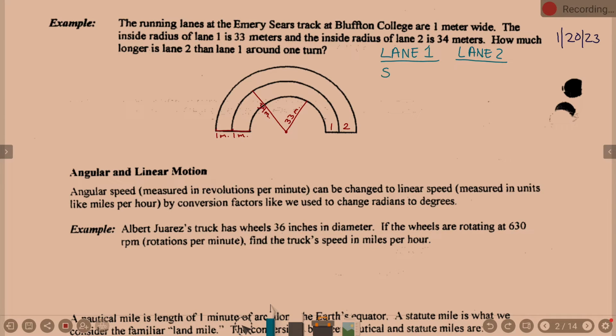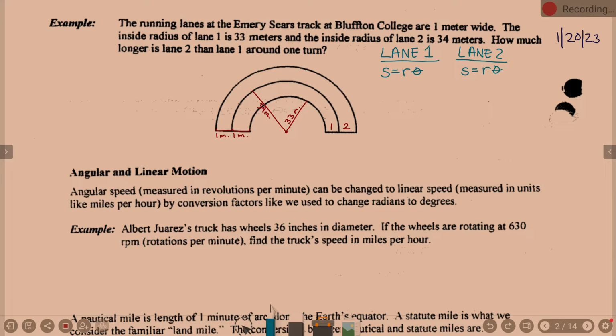Formula for arc length is S equals R theta. So we're going to do lane 1, we're going to do lane 2, we're going to find the arc length of both of those.